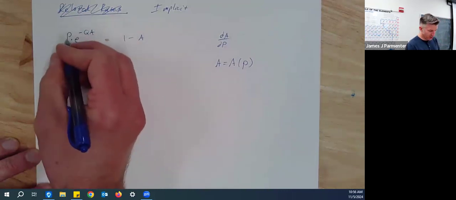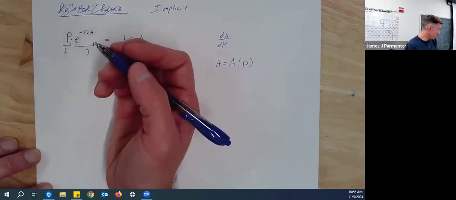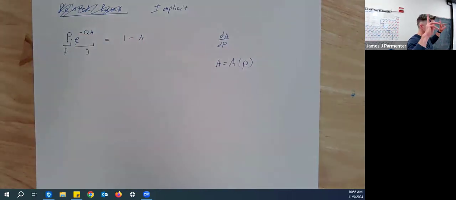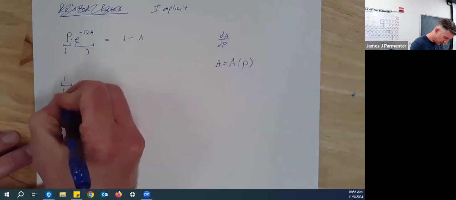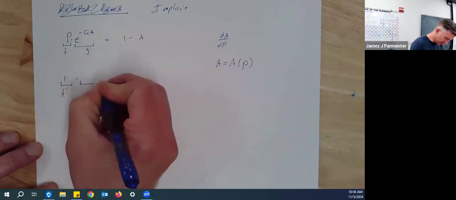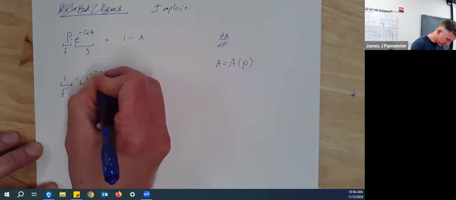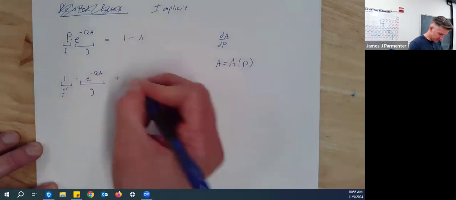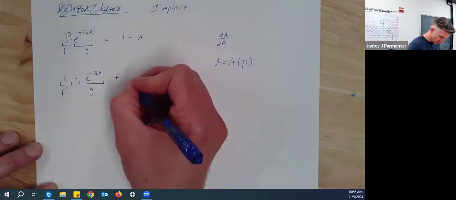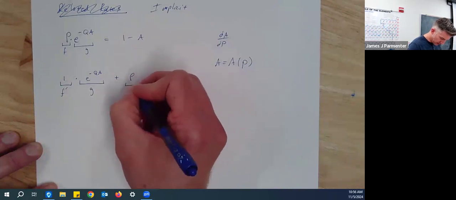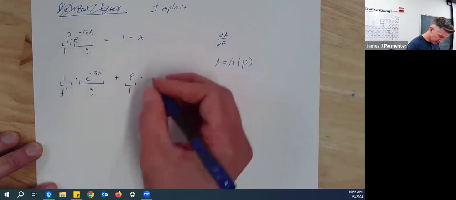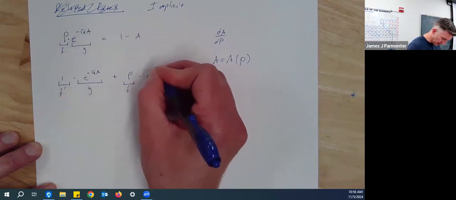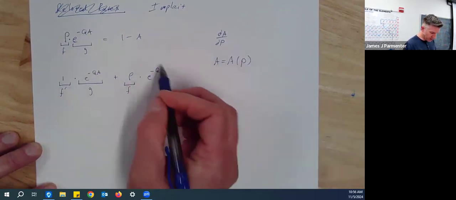My f prime, well, the derivative of rho is just 1, like our x. So our f prime is going to be 1. We leave g alone for a minute and get e to the negative QA, plus, then we switch it up, we leave rho alone and multiply by the derivative of e to the stuff. The derivative of e to the stuff is e to the stuff times the derivative of the stuff.